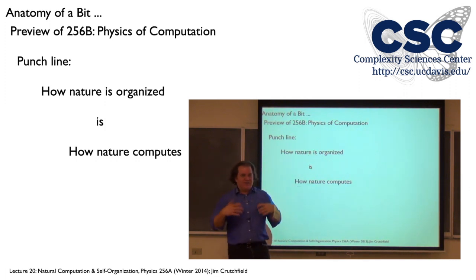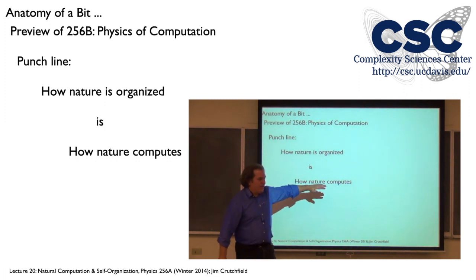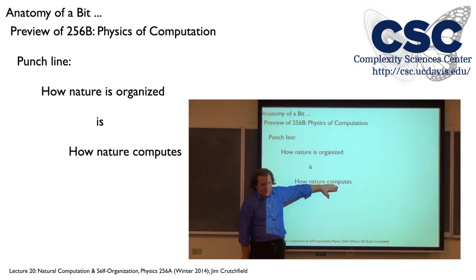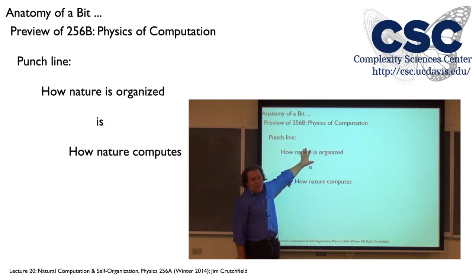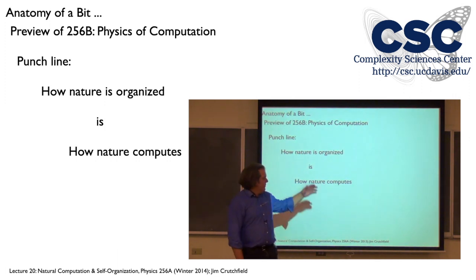Regularity, symmetry, there are all these words we use. But you can show that when we start doing this intrinsic computational analysis of a stochastic process or dynamical system, what we end up discovering are its inherent symmetries and partial symmetries, basically how it's organized: the group structure, algebraic structure, and the so-called semigroup structure in the process. So the punchline is that how nature is organized is how it computes.